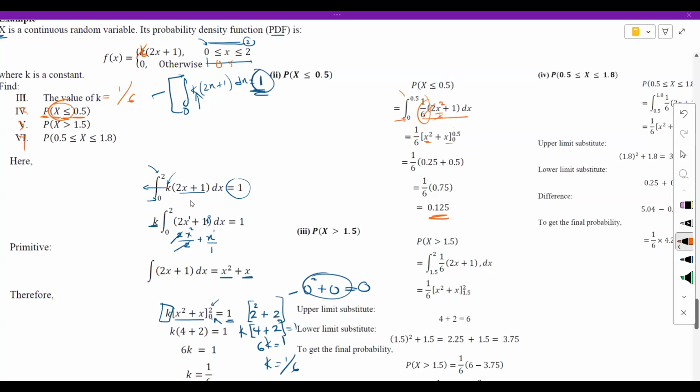We change the lower limit to 1.5 and the upper limit to 2.